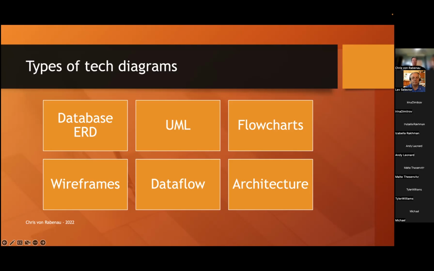And data flow. Another classic diagramming methodology is doing a data flow. Here's where the data comes in, these ETL processes happen, and now we get to this end result. And then also architecture. We draw architectural diagrams. So what does a diagram look like for a Google Cloud instance, for example.